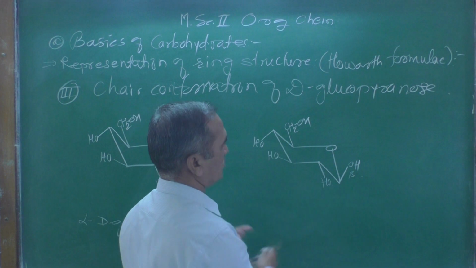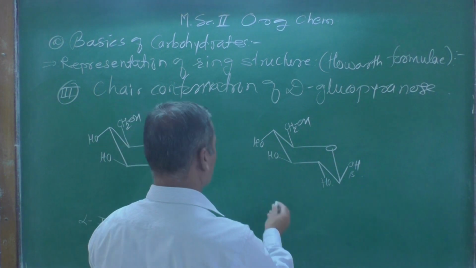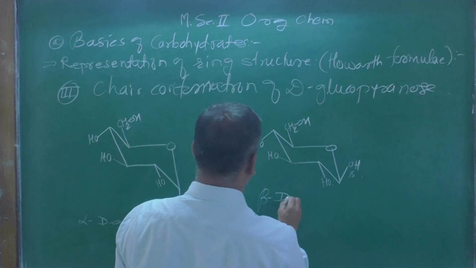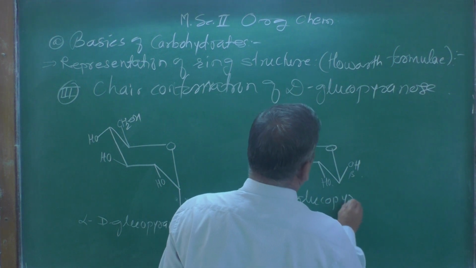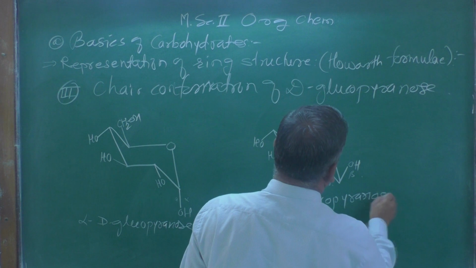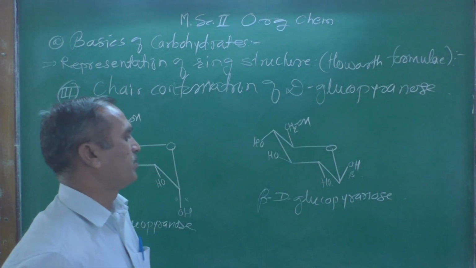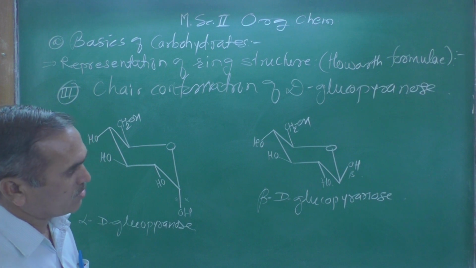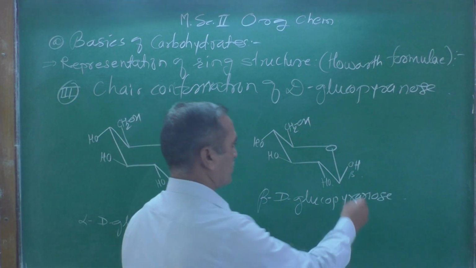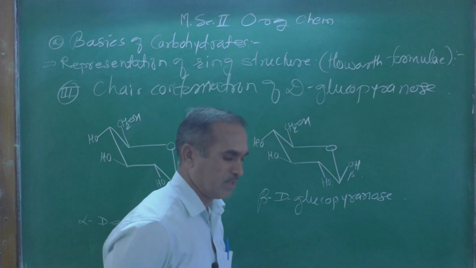Now this structure is known as beta D-glucopyranose, where the hydroxy group is present at the beta position.